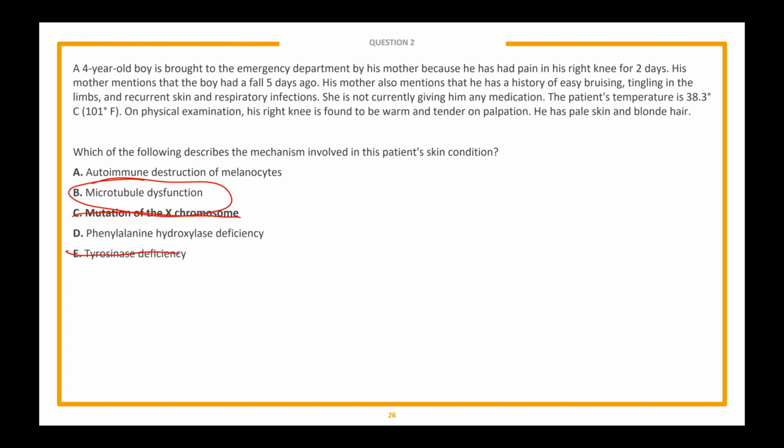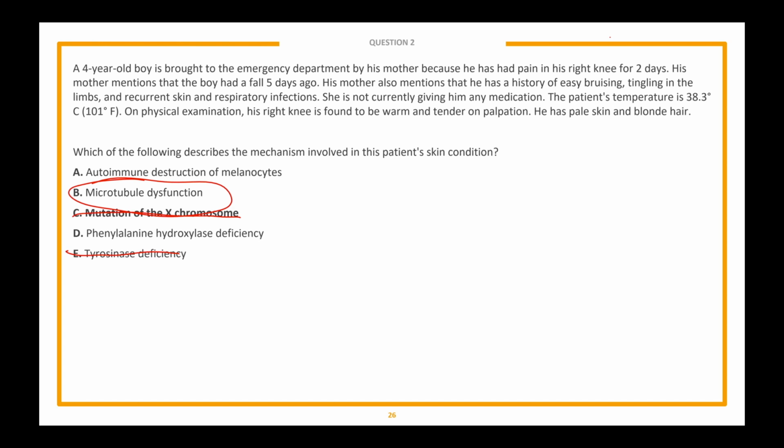The patient may also have decreased skin pigmentation, but they should also have other findings that we're not told about. Answer choice C, mutation of the X chromosome, that commonly leads to Fragile X syndrome. Patients would have certain craniofacial abnormalities like microcephaly, long facies, macroorchidism, which we're not told about here.